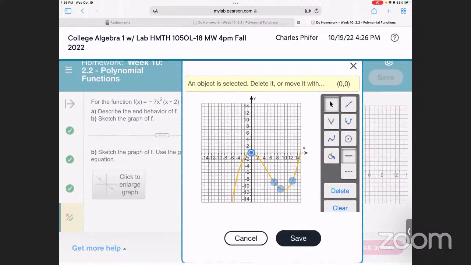One of the zeros is when X is -2. Okay, so I'm going to drag this to -2. So it should bounce off the origin and it should fall to the right.